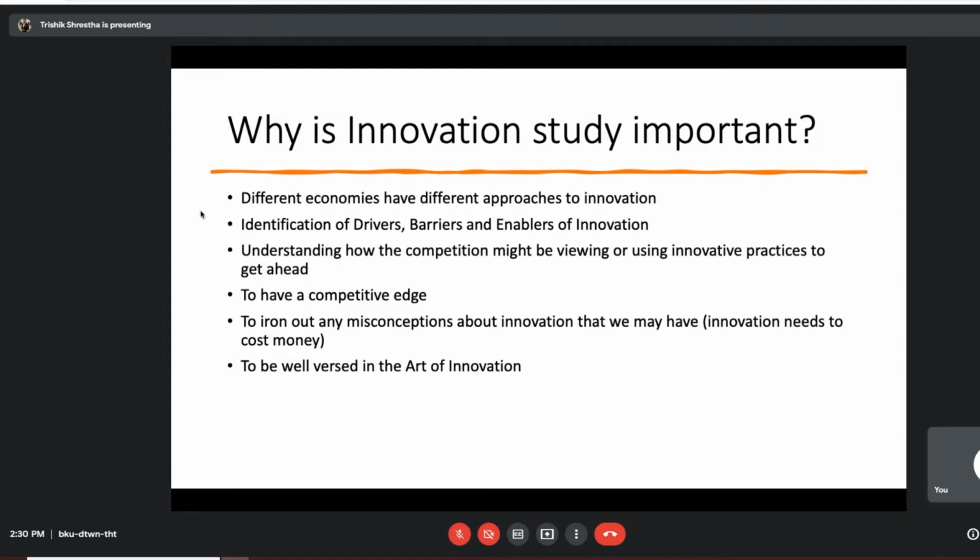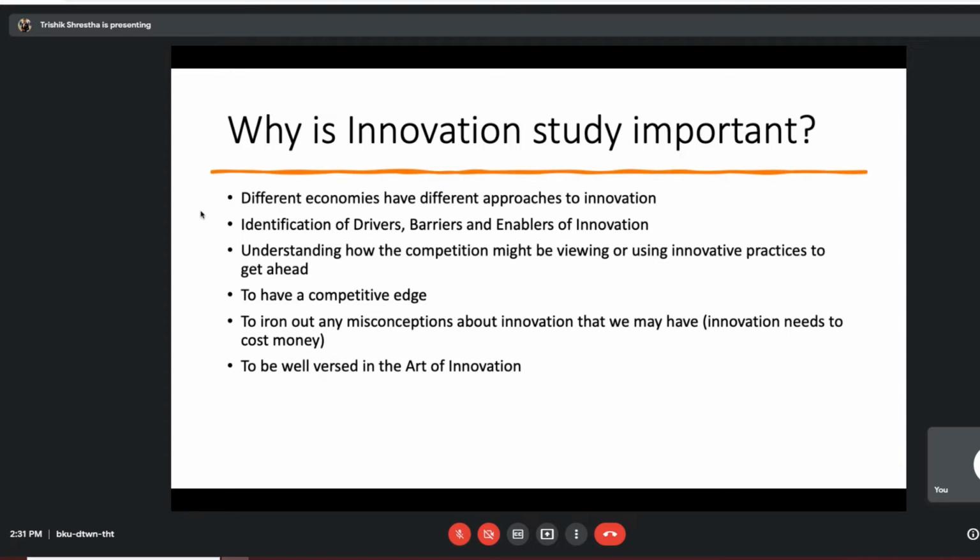And the last one is to be well versed in the art of innovation, combining all of these points that came before. There are different ways in which economies view innovation, identification of barriers and enablers of innovation, and understanding how the competition might be viewing innovative practices. All of these so that we can be well versed in the art of innovation.